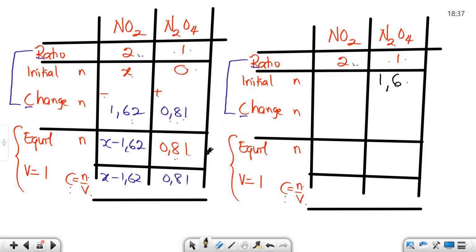So where is that 1,2 coming from? By the way, you remember we only did the change here. Did we touch this one? No. The system will do its own job. So our initial here is x minus 1,62.